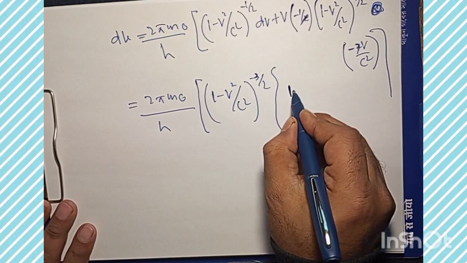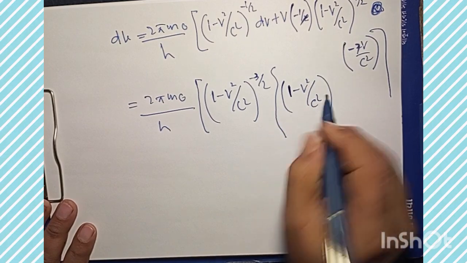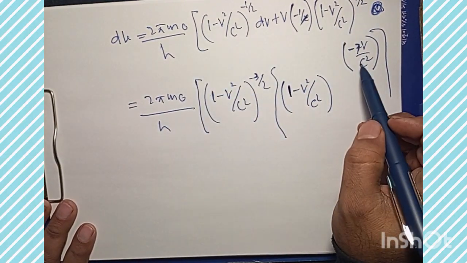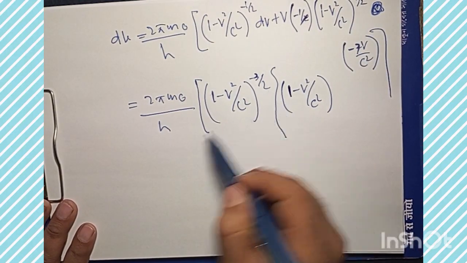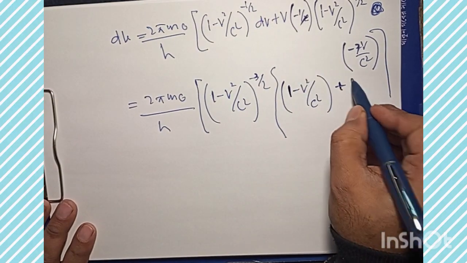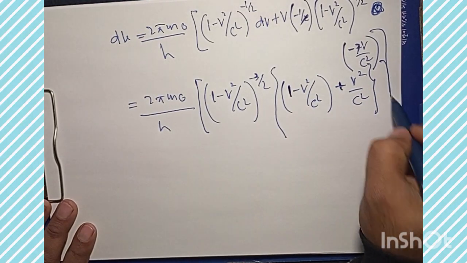I should multiply it by 1 minus v square by c square. If you multiply the two, you will get raised power minus 1 by 2, and from here we have already got this minus 3 by 2 out. So what is inside here is plus v times v, which gives us v square by c square. So let me close this.